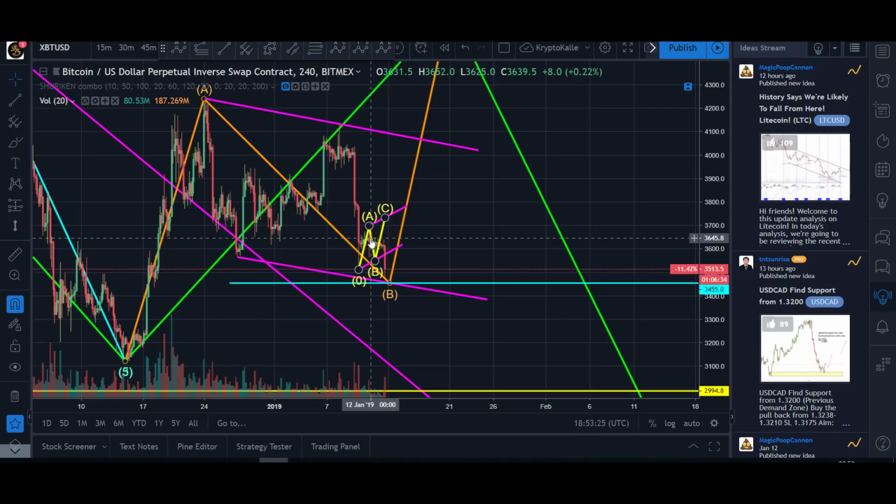I find that patterns themselves, if you just randomly draw patterns that you see, don't give so much information, and they can lead to false breakouts and basically kill your trades.